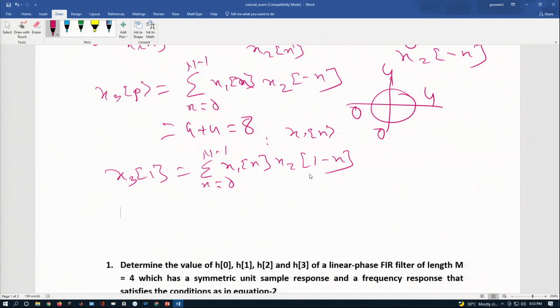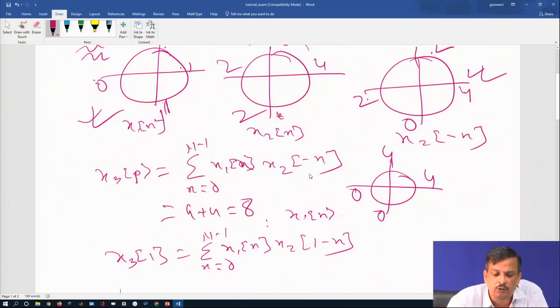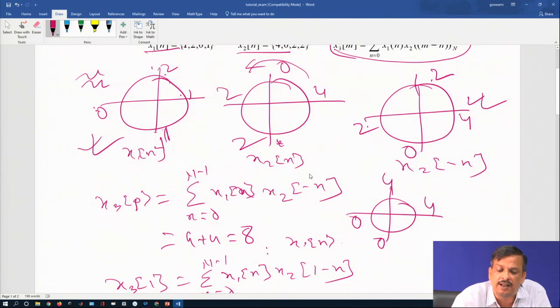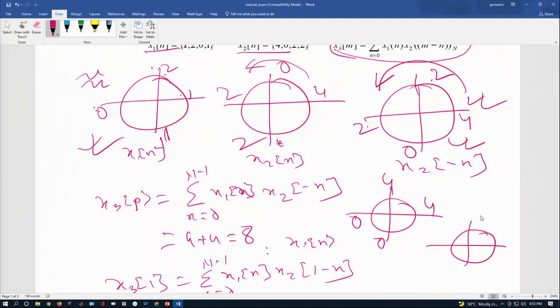So, 1 minus n means shifting by one sample, which will be rotated by one sample. This x2(-n) is rotated anti-clockwise by one sample. So, if it is rotated, then that 4 will come here, this 2 will come here, this 2 will come here, and this 0 will come here.